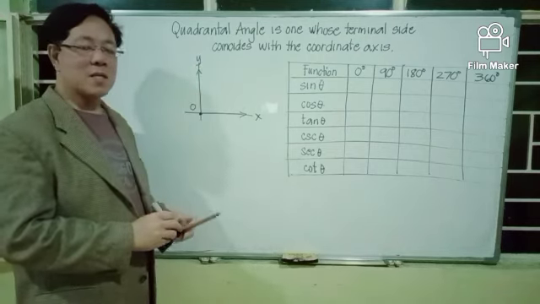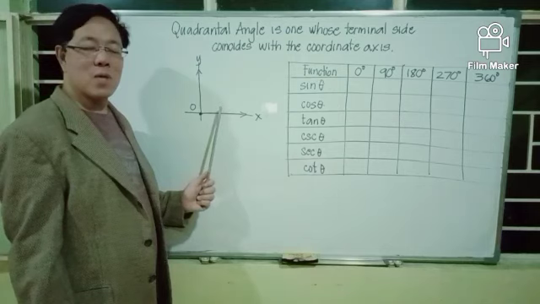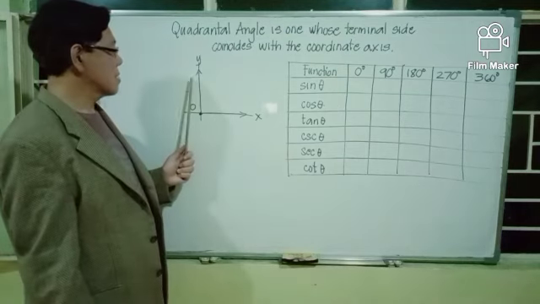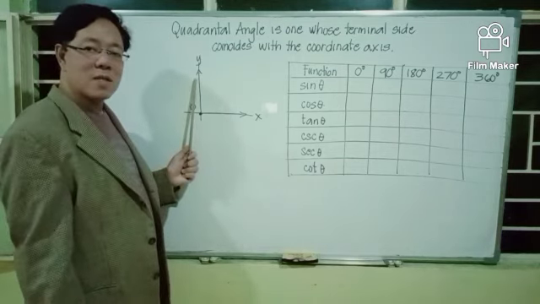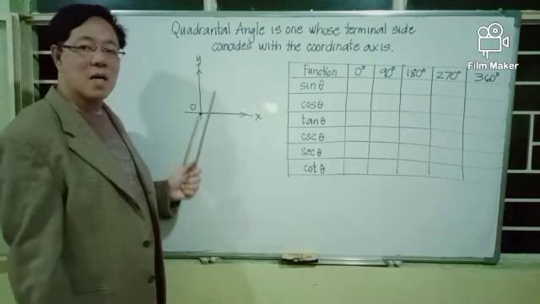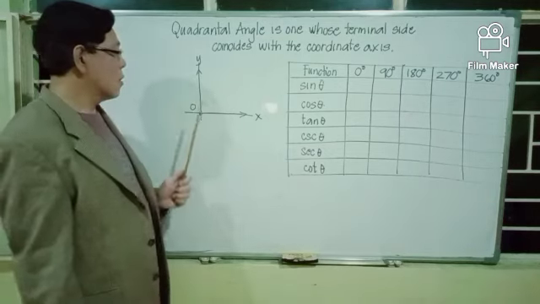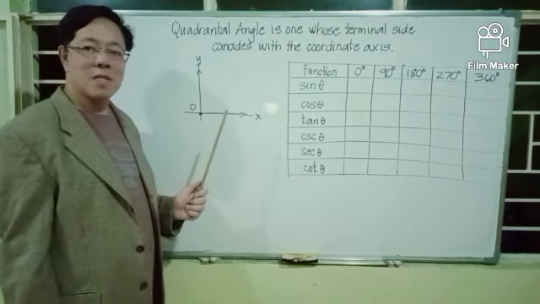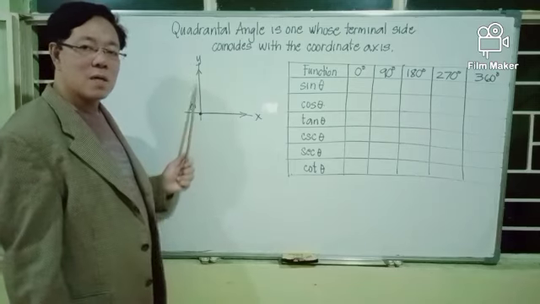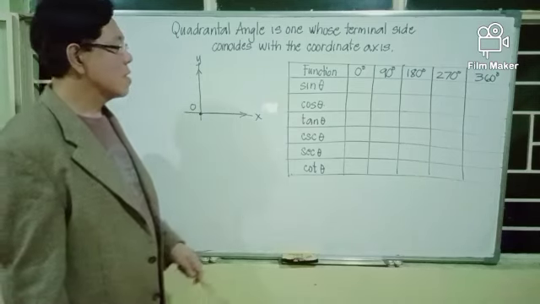This is the 90-degree angle, and it is a quadrantal angle because its terminal side lies on the positive side of the y-axis, or the terminal side of the 90-degree angle coincides with the y-axis.